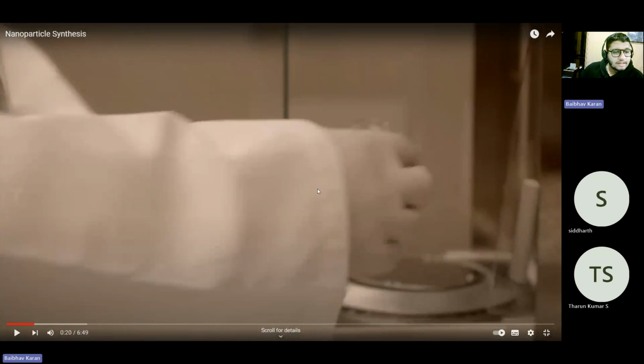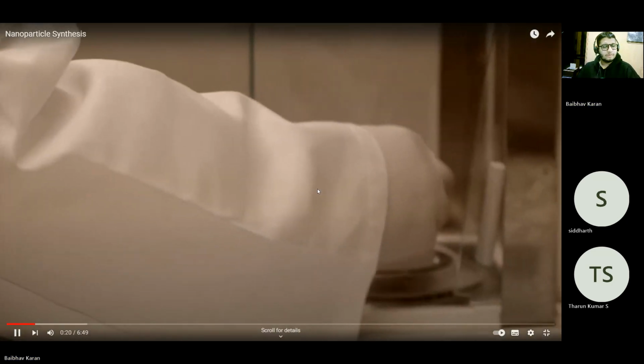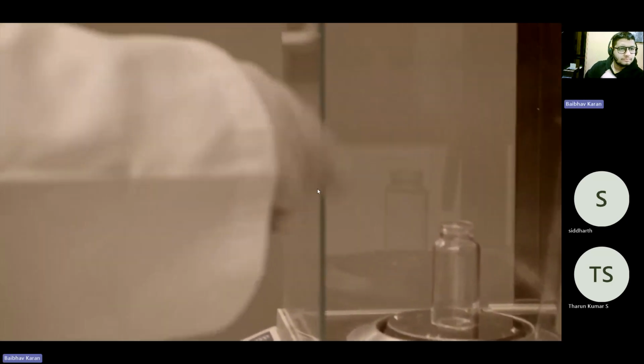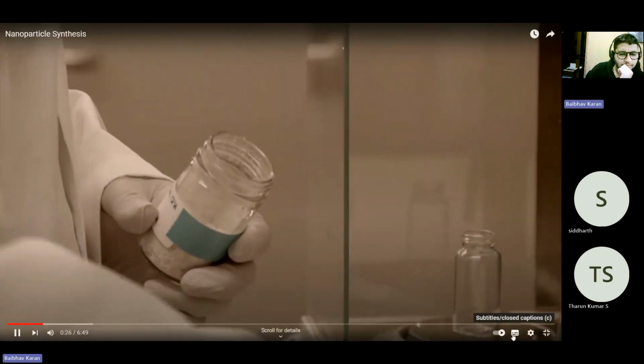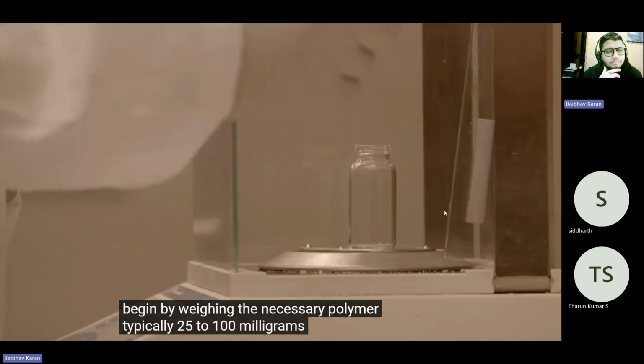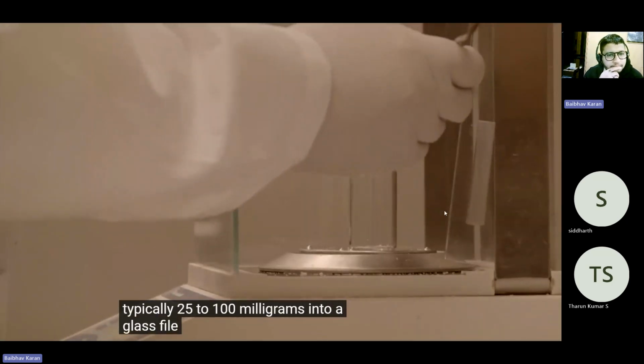This you can see is a top-down approach of nanoparticle synthesis. Let's see how it is happening. To synthesize polyanhydride nanoparticles, we begin by weighing the necessary polymer, typically 25 to 100 milligrams, into a glass vial.